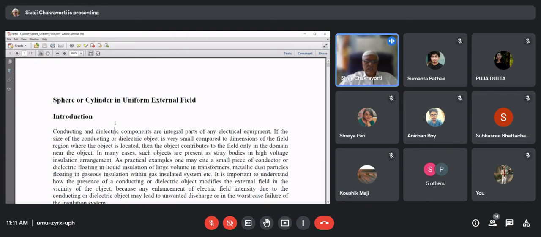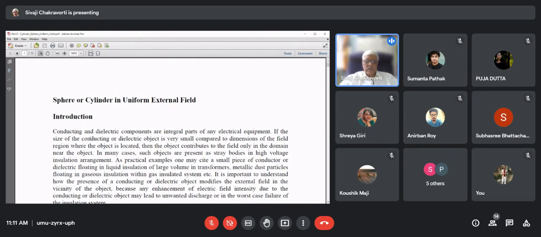So today I am going to tell you the analytical solution of field with these two examples, that is sphere or cylinder in uniform external field. I start with sphere in uniform external field.